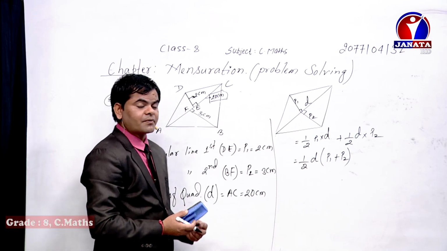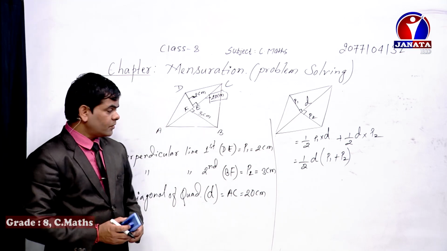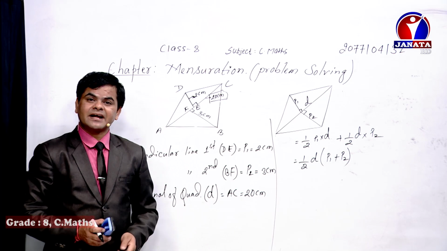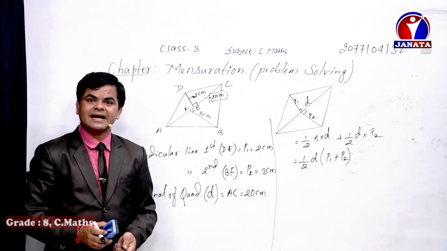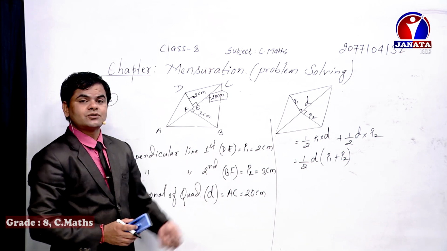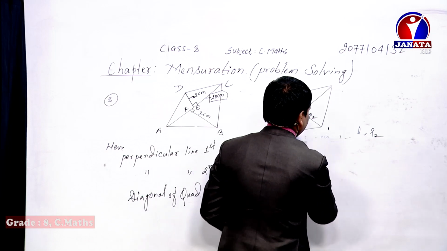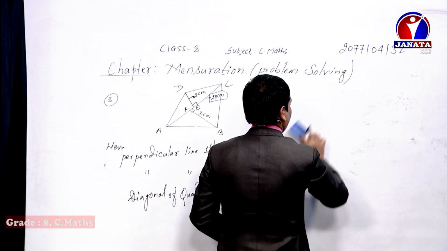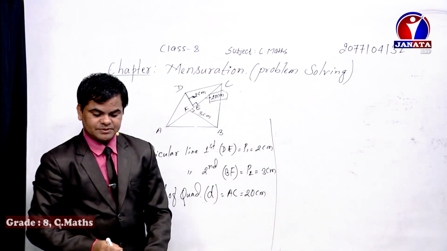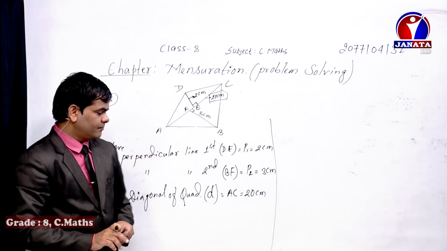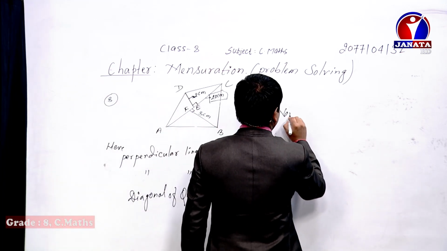By using those two formulas, you can do all the problems regarding mensuration, not only the problems regarding triangle. Any type of figures to find the area as well as the volume, by using those two formulas you can derive all those formulas. These two formulas are the backbone of the mensuration chapter in mathematics.